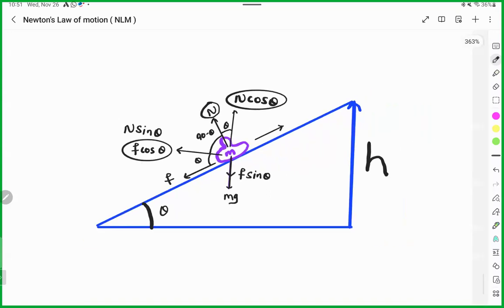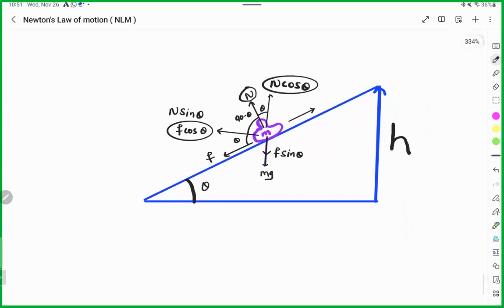You can take it separately also if you have confusion. Here, if this is theta and this is n, then it will be n cos theta, and this is n sin theta.